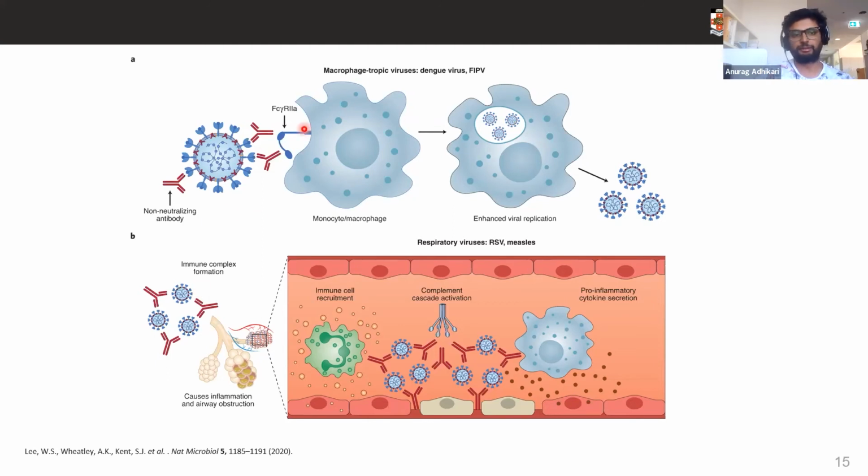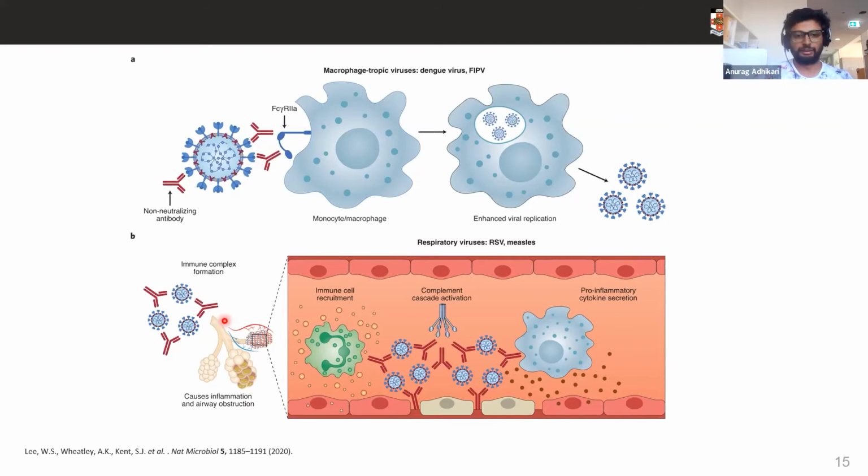For example, the first option would be, as you would see in dengue and RSV, what happens is that non-neutralizing antibody early in infection or from previous infection would opsonize the virus, and then the monocytes or macrophages would take in the immune complex, which would result not in the sequestration or killing of this opsonized virus, but it will facilitate the production of new variants, which would determine the disease outcome.